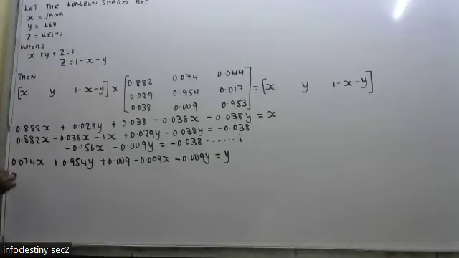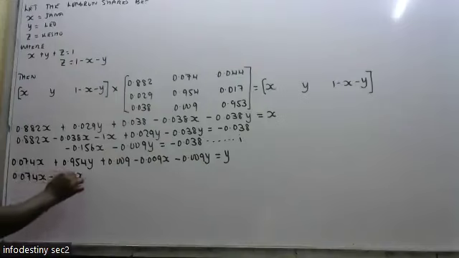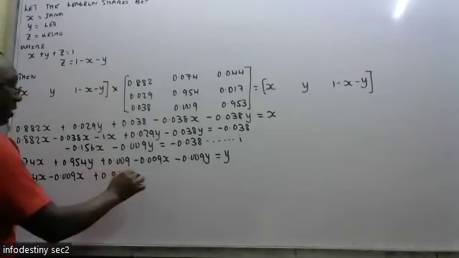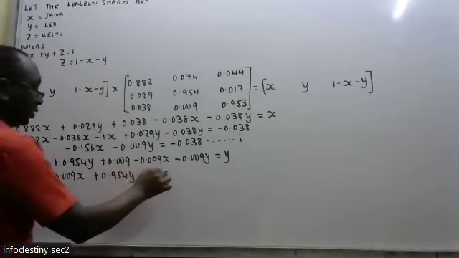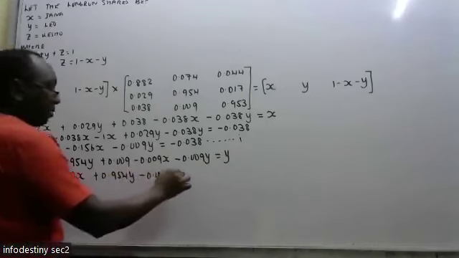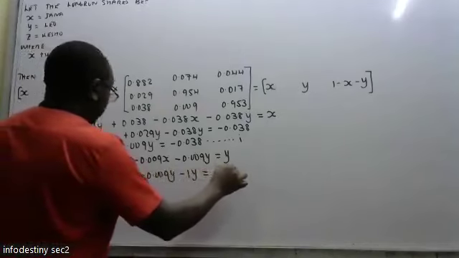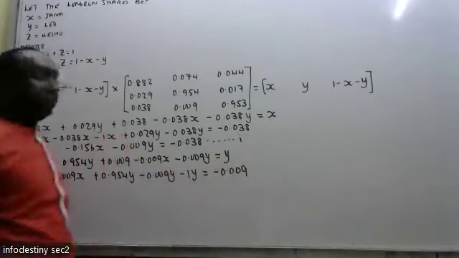Then this becomes 0.074x minus 0.009x plus 0.954y minus 0.009y minus 1y should be equal to minus 0.009.